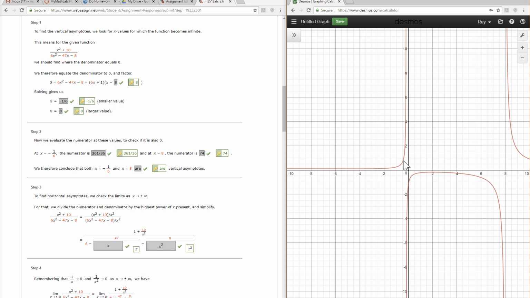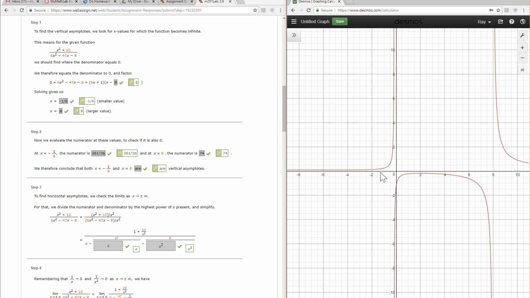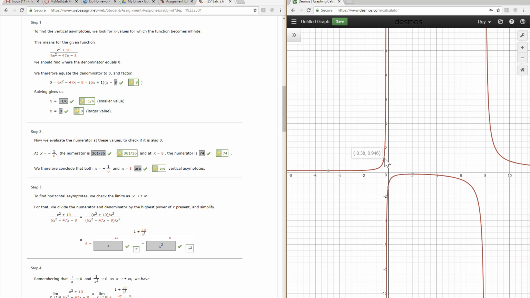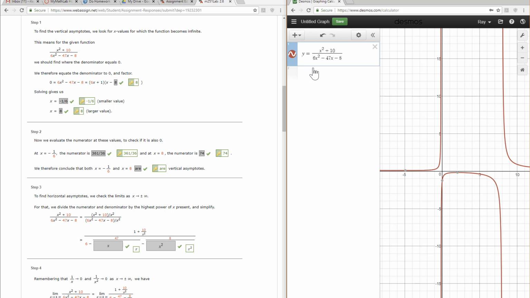Alright, let's take a look at the details here of the graph. We have an asymptote over here. This is really hard to see, but if you look at the x values, it's getting closer to negative 1/6. In fact, we can graph a vertical line, x equal to negative 1 divided by 6.